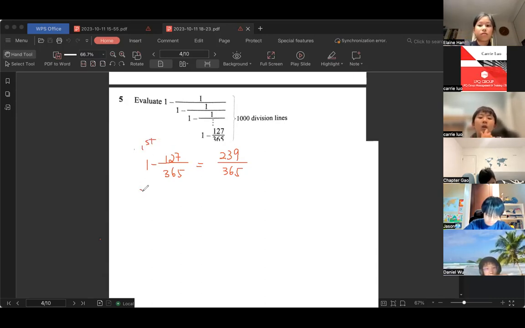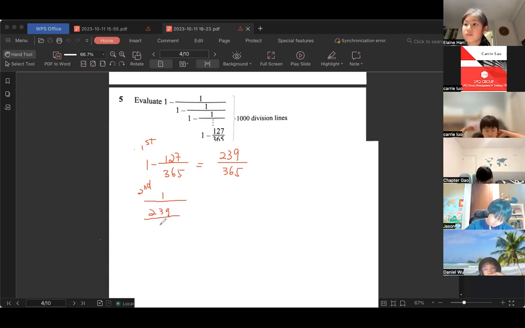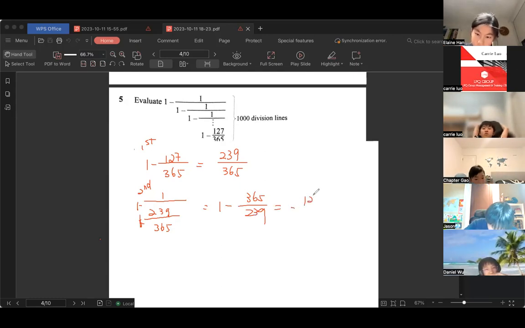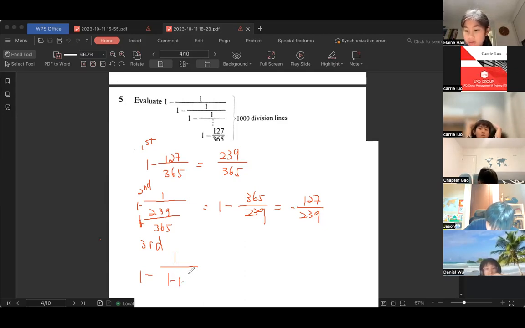The second division line equals this one, 1 minus 1 over 239 over 365, sorry, it should be 1 minus, right? So equals 1 minus 365 over 239 equals negative 127 over 239. Okay, so the third line is 1 minus 1 over 1 minus negative 127 over 239.